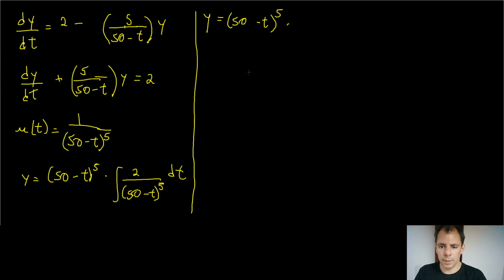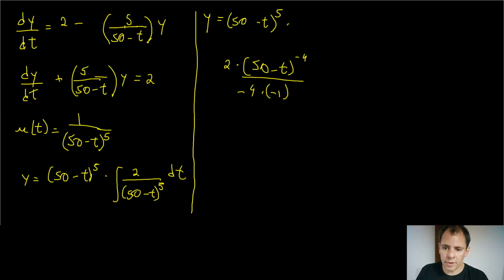So we're going to increase by 1. So we do (50 minus t) to the minus 4, and you have to divide by this minus 4, and you're multiplying by the 2, okay? So, and there's something else too, you're also dividing by the derivative of the inner function, which is minus 1. You multiply this thing by minus 1. So it's 2 divided by 4, which is half, okay?